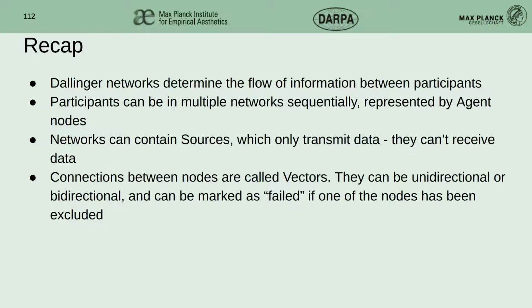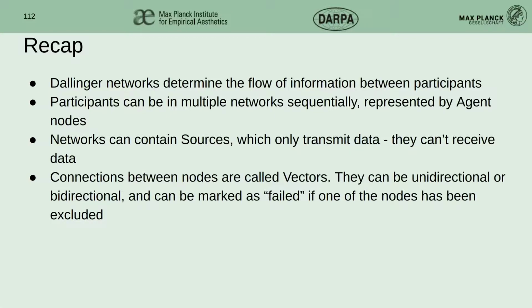And so this is an important distinction that's come up a bunch of times before, which is that participants and agents live in different conceptual universes. A participant corresponds to a particular human in a particular context of an experiment. Typically, in our Dallinger experiments, a participant is a particular person in the context of that Dallinger experiment.